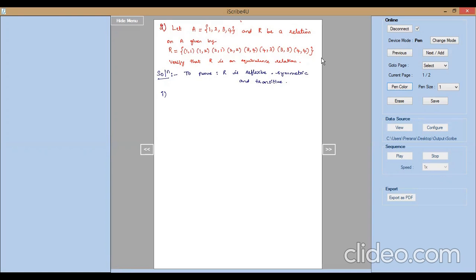We'll write down the same thing: (1, 1), (2, 2), (3, 3), (4, 4) belong to R. That is, (a, a) belongs to R for every a belonging to the set A. Therefore, R is reflexive.